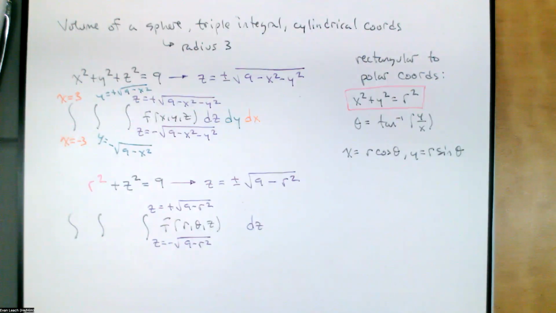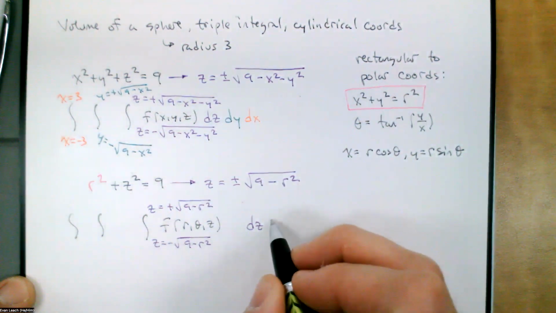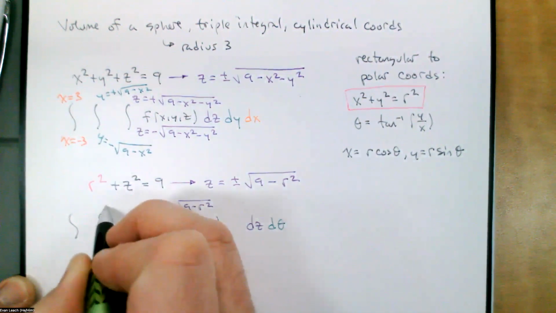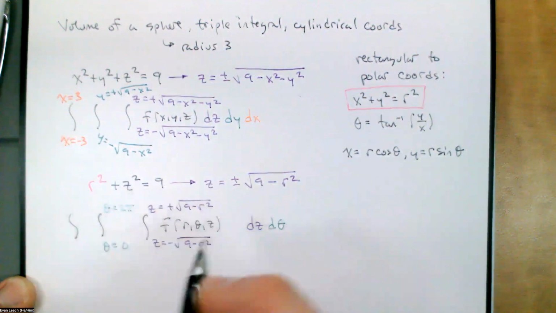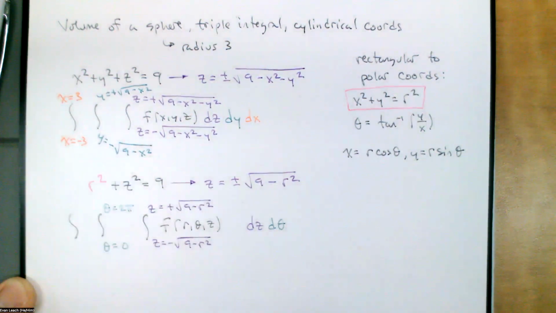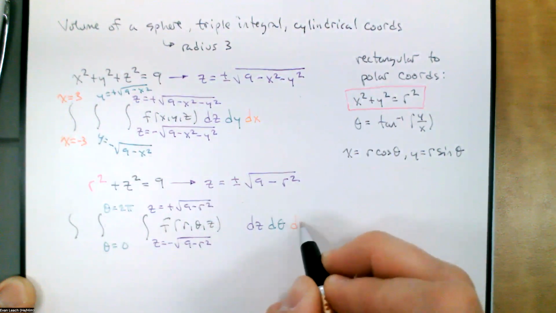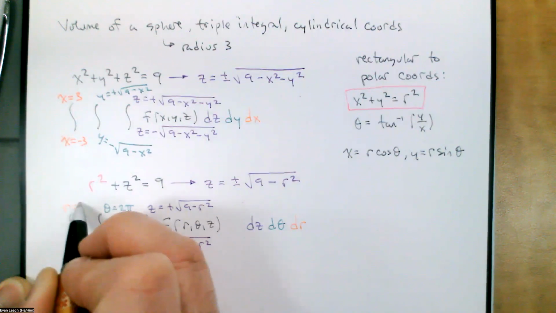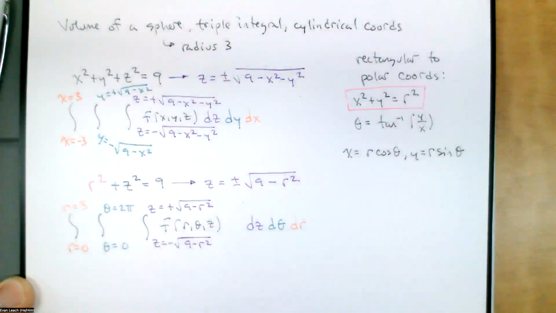Now we're looking top down at a circle, and in cylindrical coordinates, a circle in the r theta plane is just a set of intervals. So d theta will just go from 0 to 2 pi. And for dr, r just starts off at the pole and goes out to the radius.